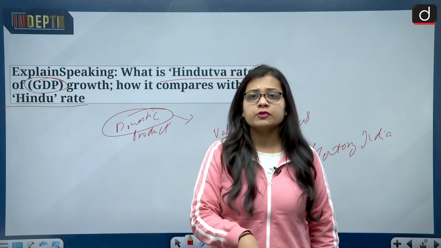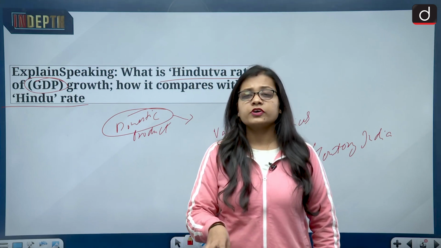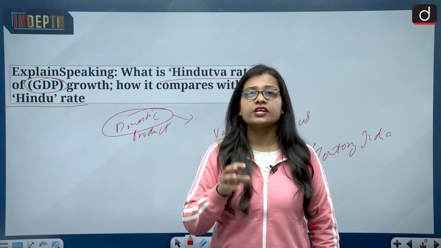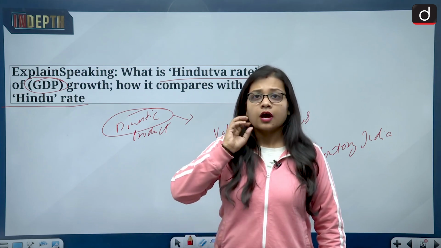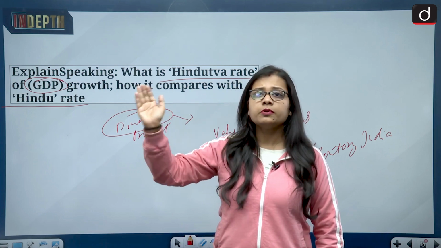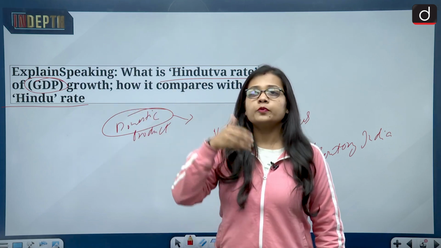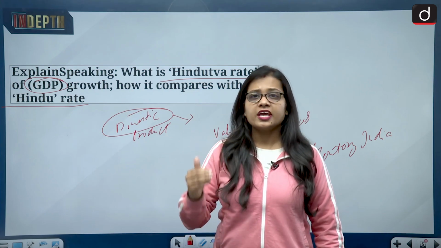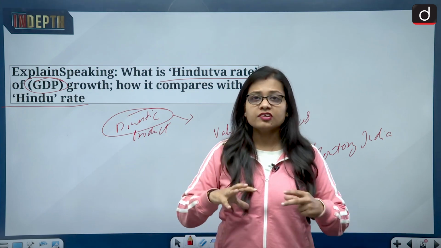According to the IMF also, we are one of the fastest growing economies, and over a period of time we are doing really well. So this projection of a high GDP growth rate projects to the world that India on the global stage is performing really well and is growing.